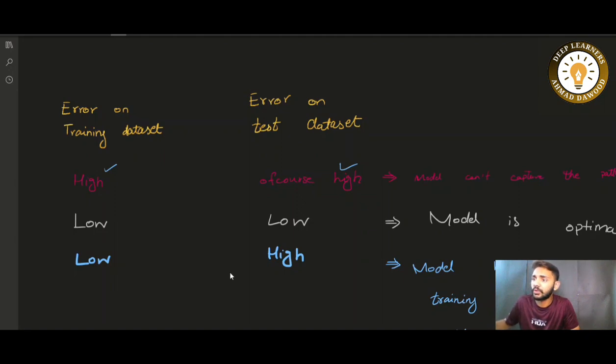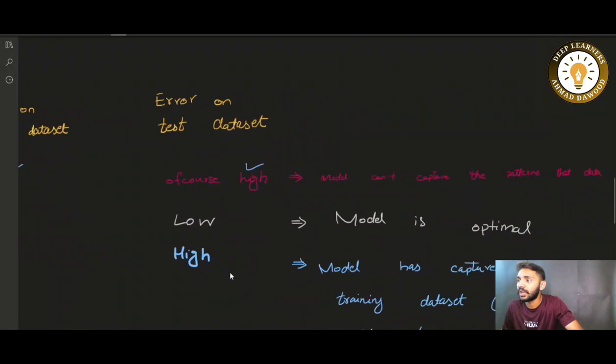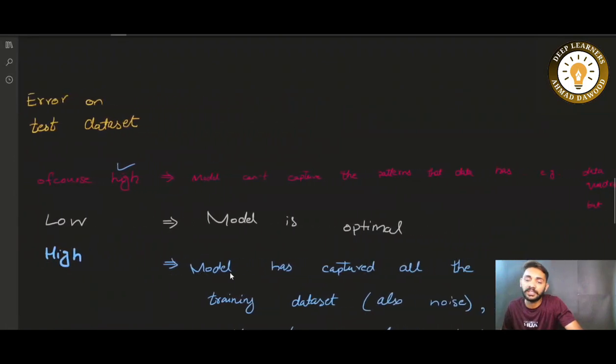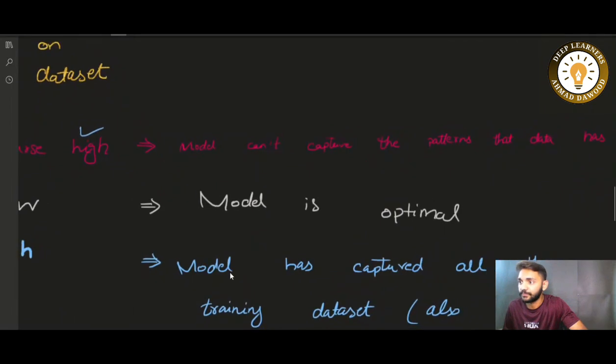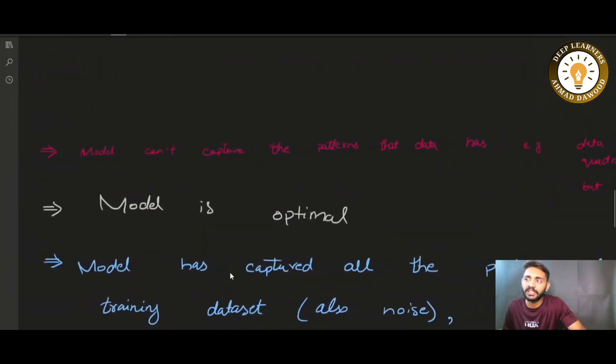So if error on the training data set is high and error on the test data set is also high, you can say your model cannot capture the patterns of the data. Now what can be a reason here?